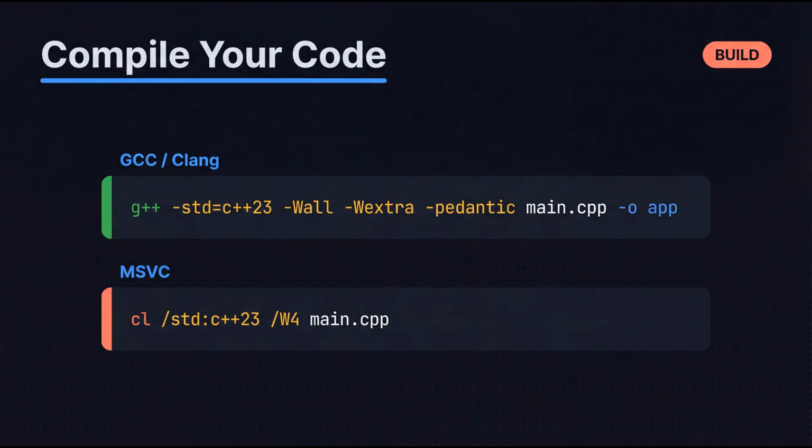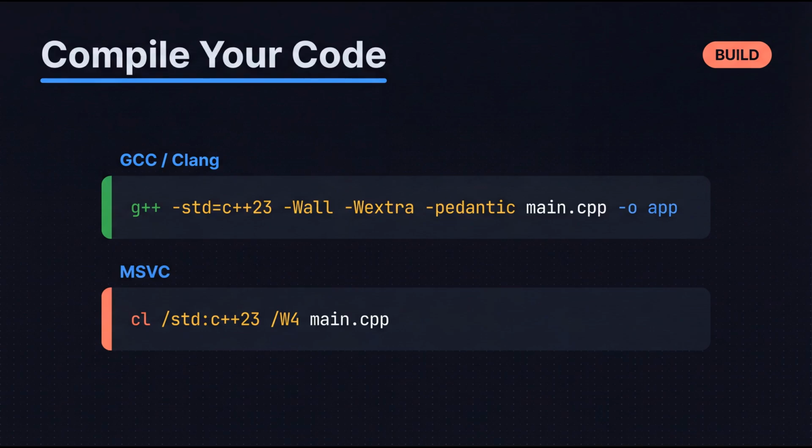The std flag enables the C++23 standard. Wall and Wextra enable all warnings, critical for learning because the compiler will catch your mistakes. Pedantic enforces strict standard compliance.